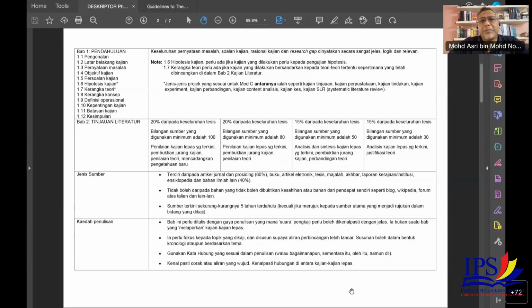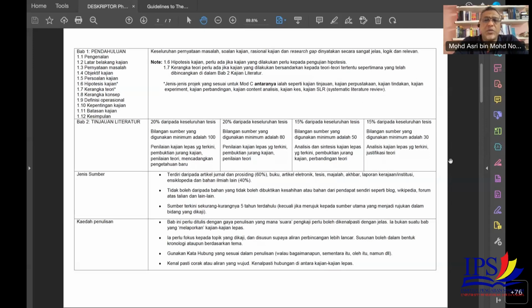Right, let me see. I think there's some question here. I'm about to come to that actually, regarding how old the material can be when you want to use materials for your project paper.